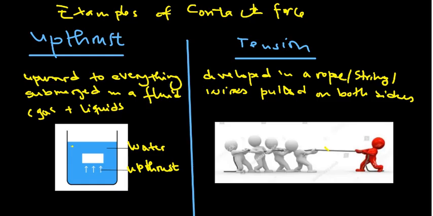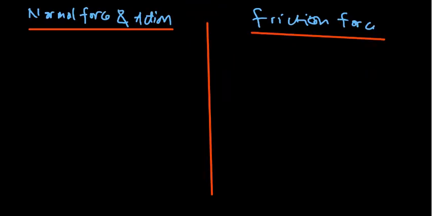So let's try to analyze these two groups of people that are pulling this same loop. The tension force is a force that will be produced here in this loop that is being pulled on both sides.